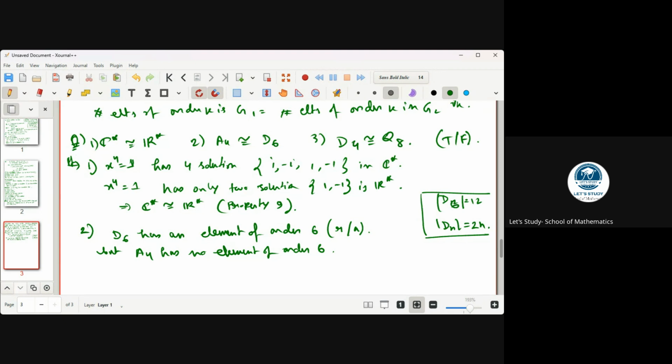Why doesn't A4 have an element of order 6?